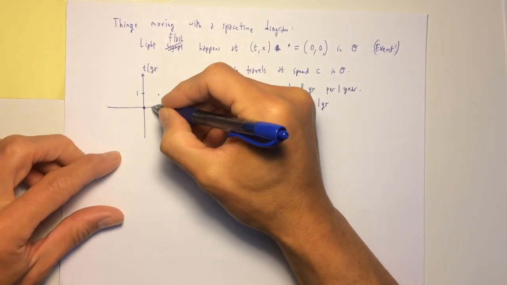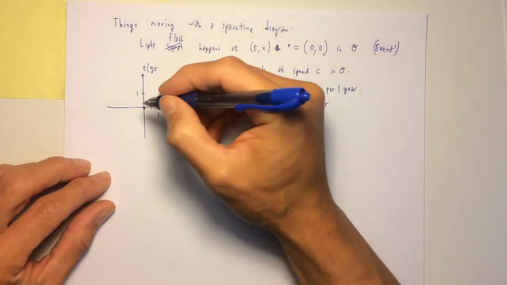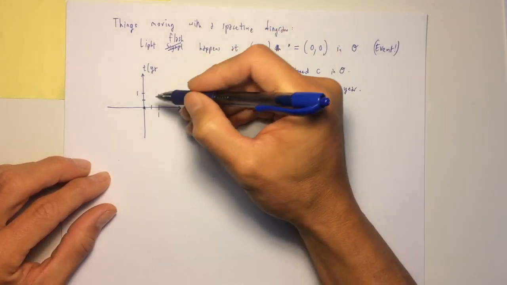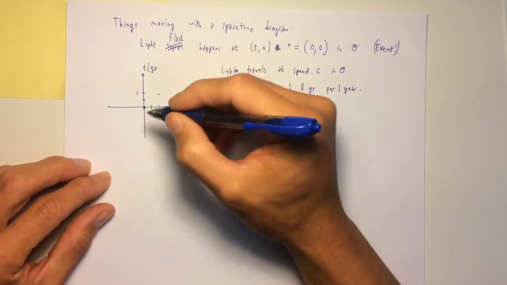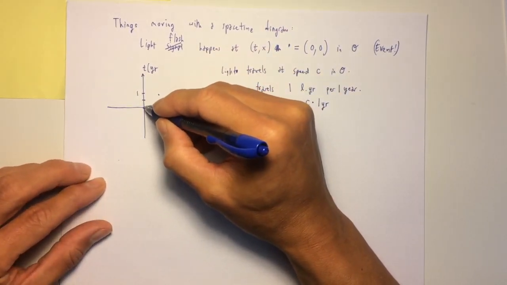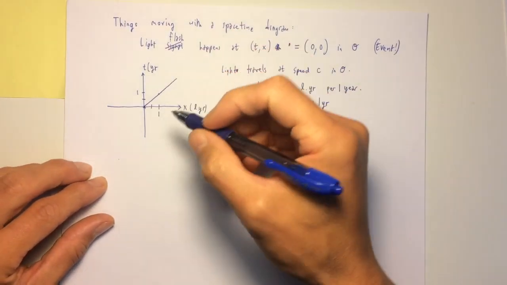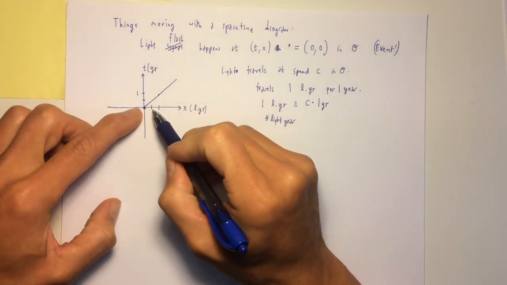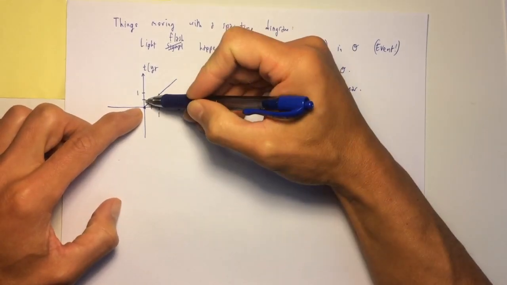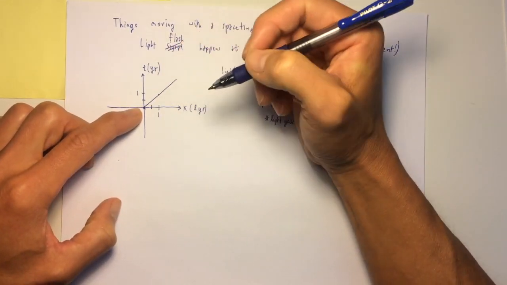And to get half of a light year in distance, it takes half a year, and a third, etc. So this puts a line that represents light traveling in the positive x-axis as time goes into the future.